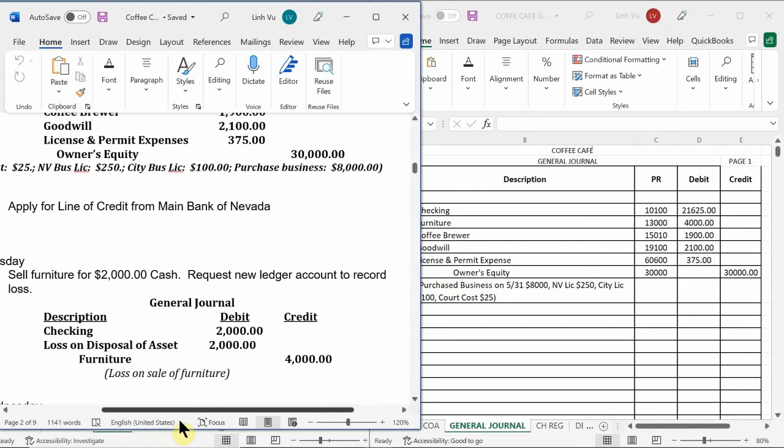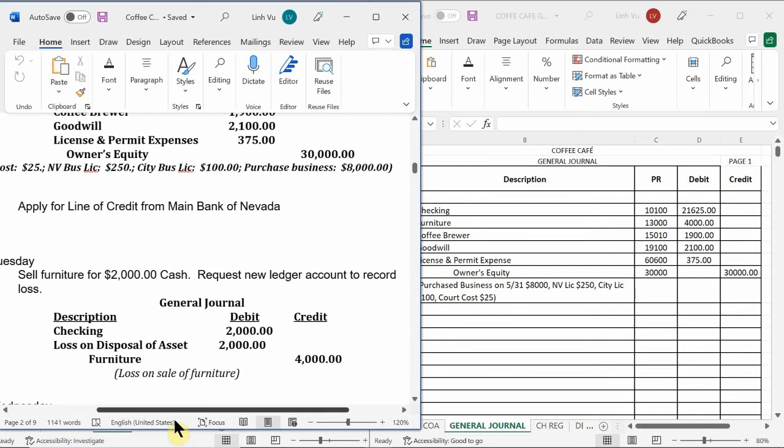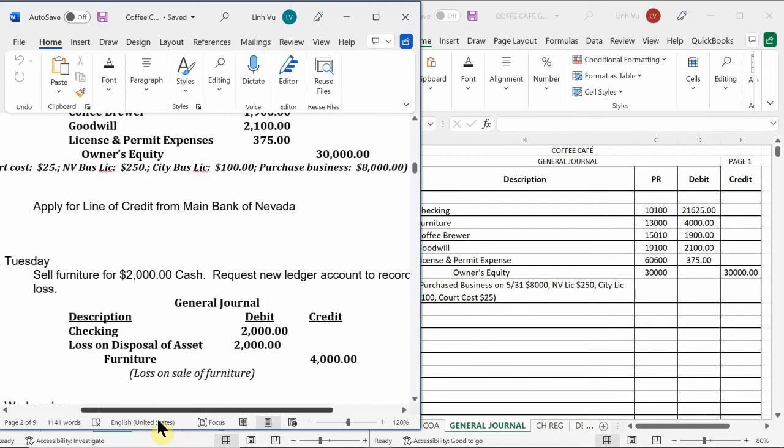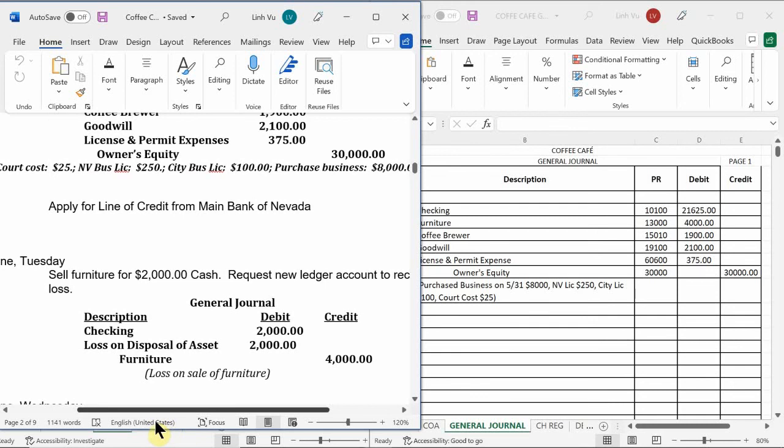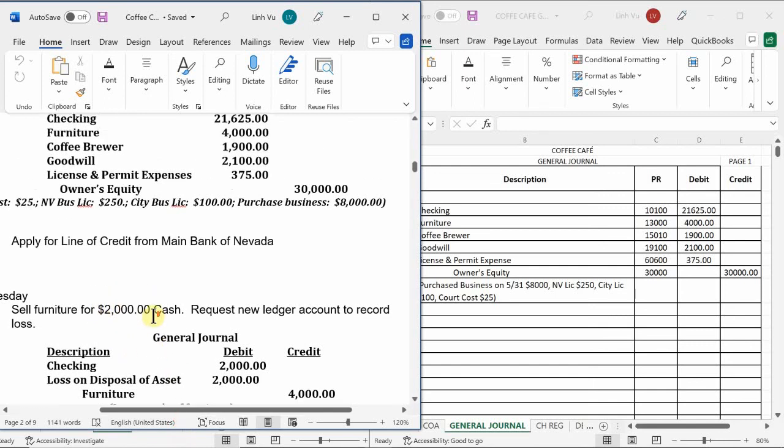That means we lost $2,000 somewhere. Okay? So in this case, I need to journalize that I sold my furniture. I got rid of it, and I sold it for $2,000 cash. Okay? So how would I journalize this transaction?